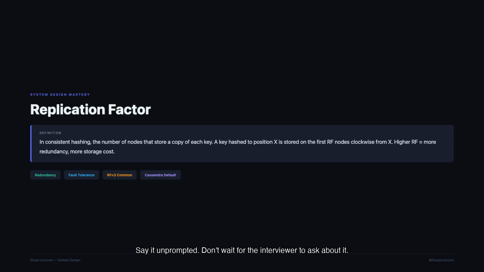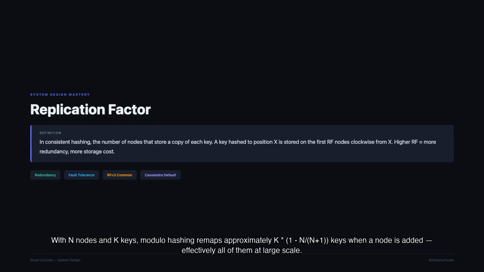Don't wait for the interviewer to ask about it. Use this structure. First, state the problem. Naive modulo hashing causes massive data movement on node changes. With n nodes and k keys, modulo hashing remaps approximately k(n-1)/n keys when a node is added, effectively all of them at large scale.